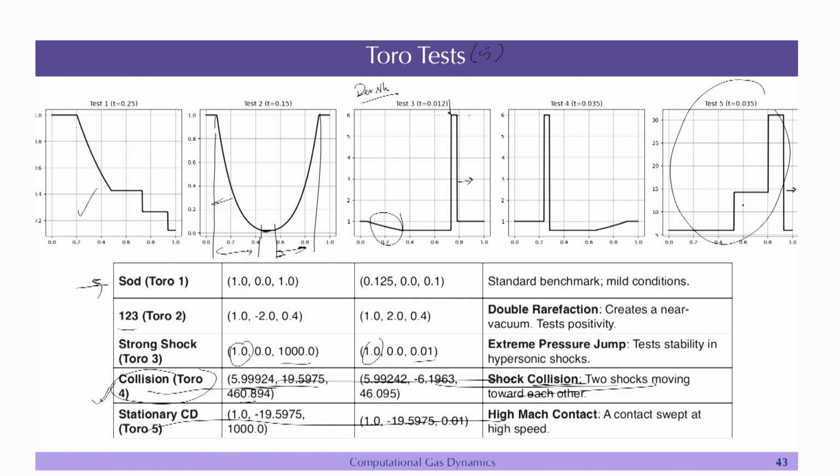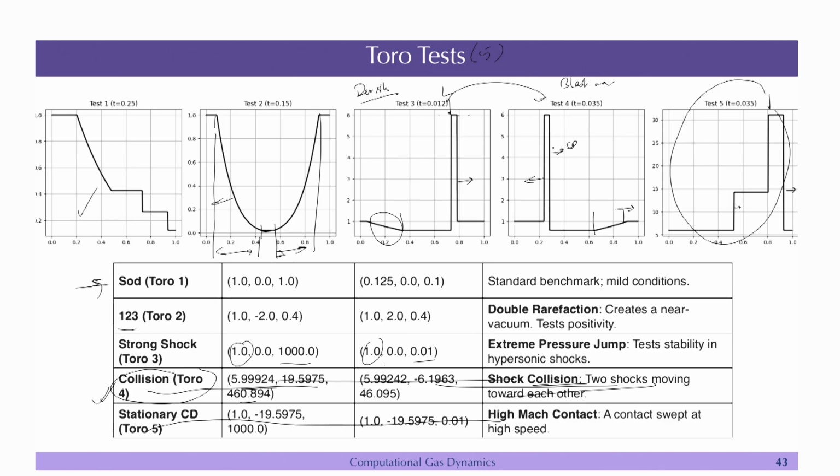There is one shock here, another shock here, and a contact discontinuity here. This is opposite to case 3. These two together are the blast wave problem. Here you can see that the shock is moving on the left, the expansion is moving on the right, and there is a contact discontinuity here.